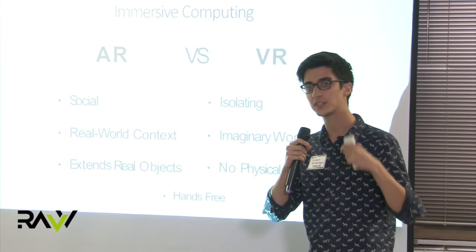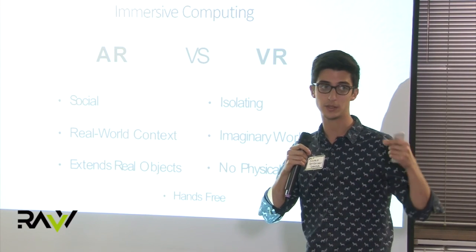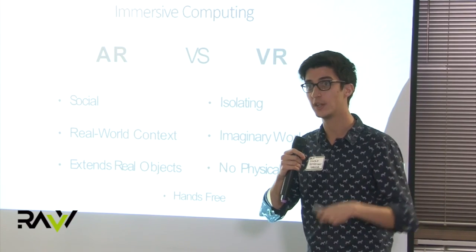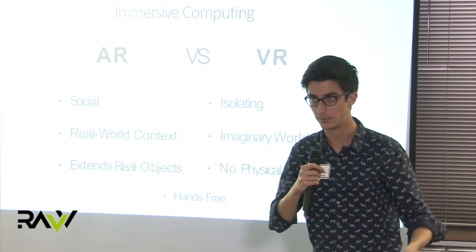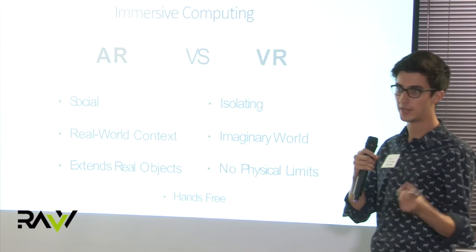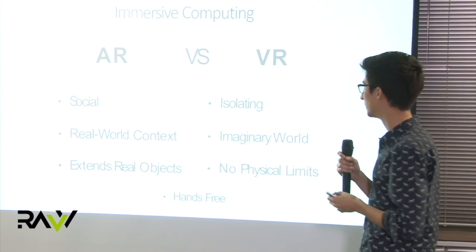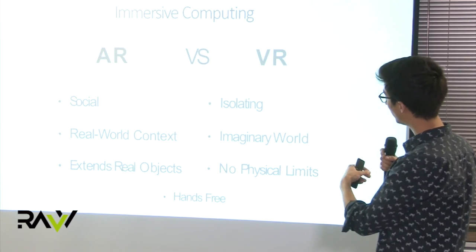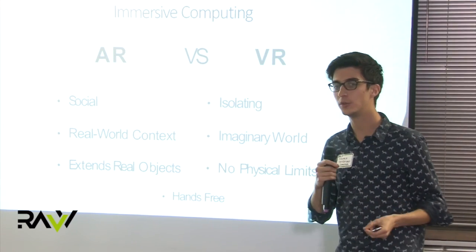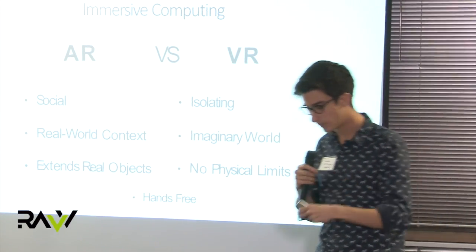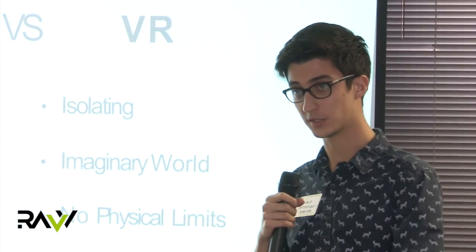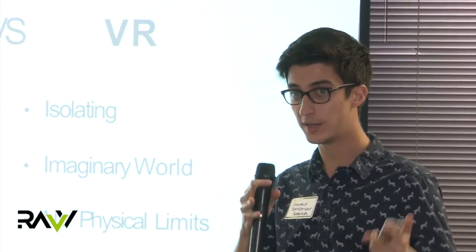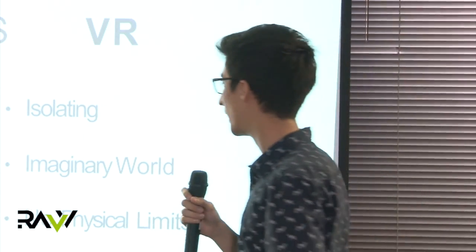It's not too big of a leap in imagination to see that pencil draw in 3 dimensions rather than just on a piece of paper. You should always keep that in mind when designing these experiences. And for VR, you have no physical limits, so you want to think about what could be more fun or what really sucks about the real world, right? So there are pluses and minuses to both sides.